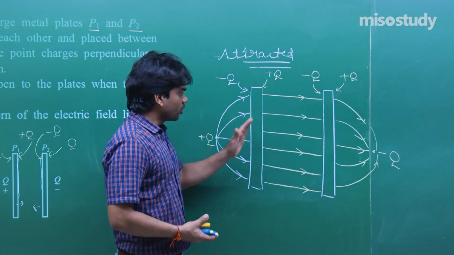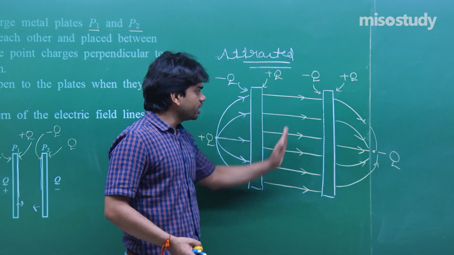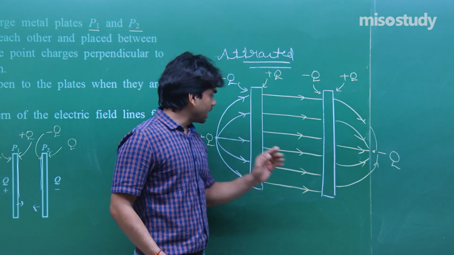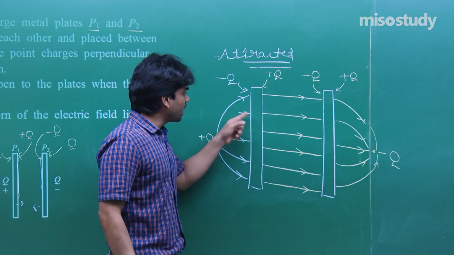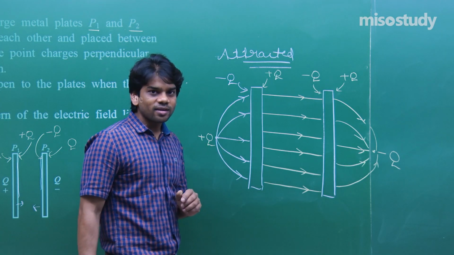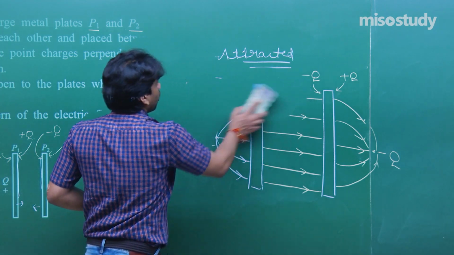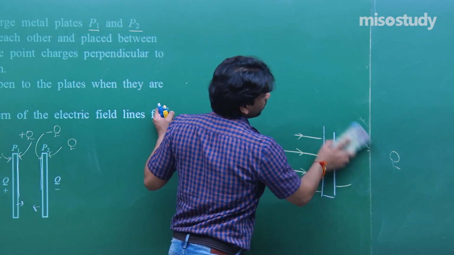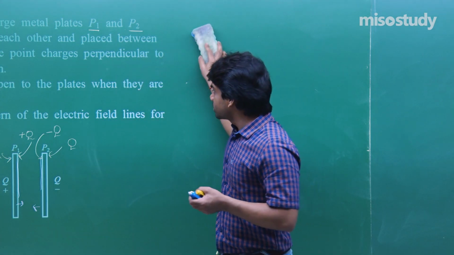I have drawn here uniform field lines because plus q and minus q are actually placed on the plates, and here since a point charge and here I have a line charge, that's why field lines are directed in this manner as I have shown you here. Next, you should take a record of all this. It will be very helpful for you all in answering questions.